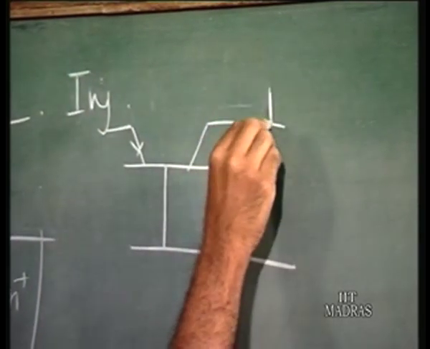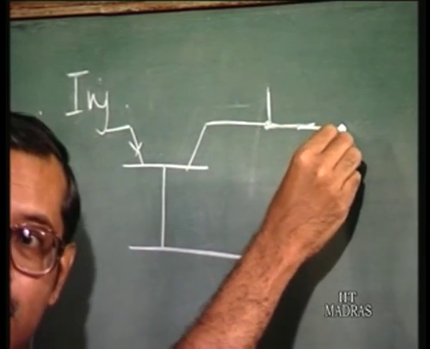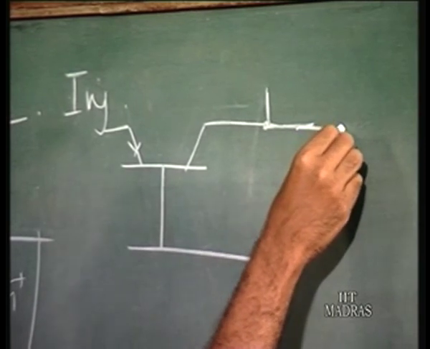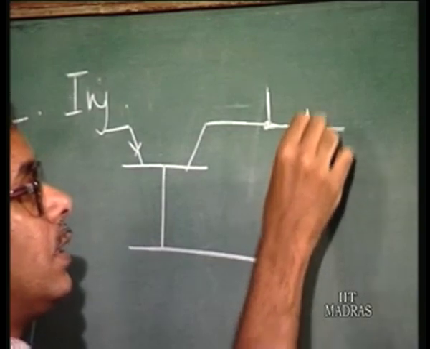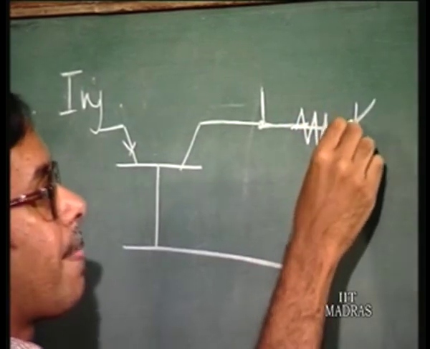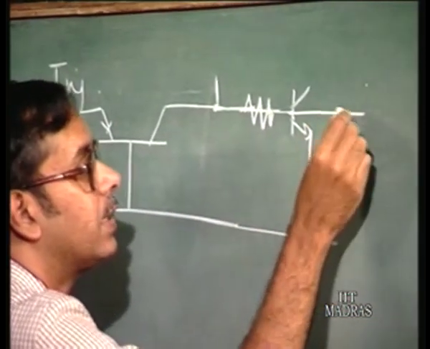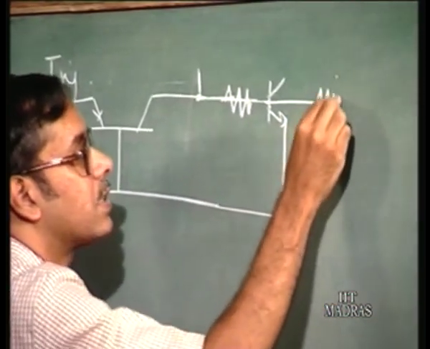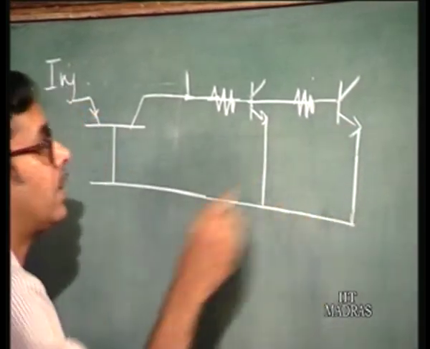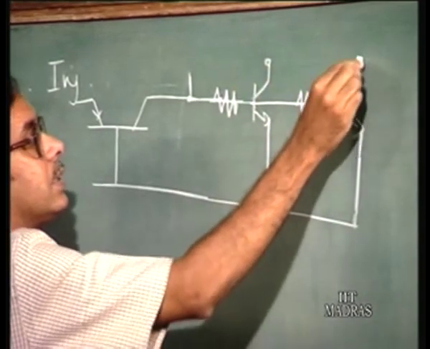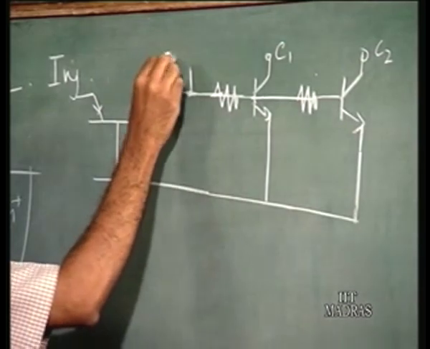Then this is the input side. Then this goes to the base of this NPN transistor. Now here you have series resistance. This is one transistor, say. Then you have another transistor, but again you have series resistance. So this is collector 1, this is collector 2. This is the input.